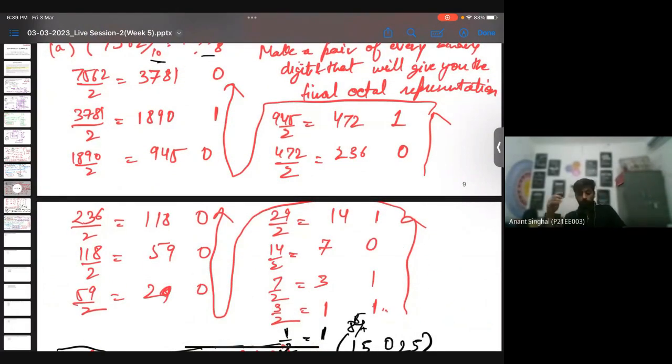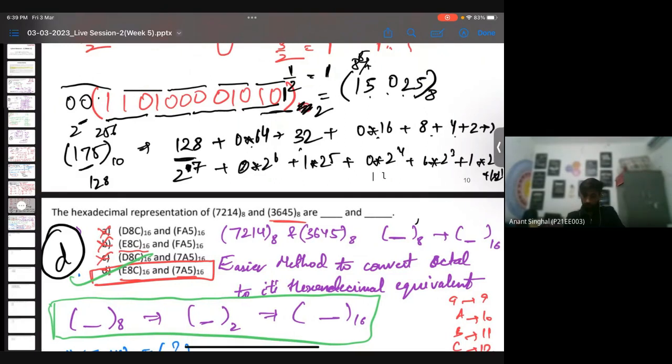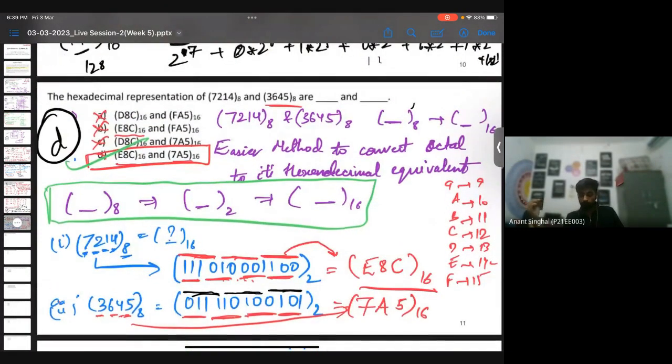We have also seen how we can convert octal to hexadecimal, or similarly hexadecimal to octal, by converting first to their binary equivalent and then doing it for the octal part. I hope it is clear. It is quite easy to solve these types of problems. So I guess we can proceed.